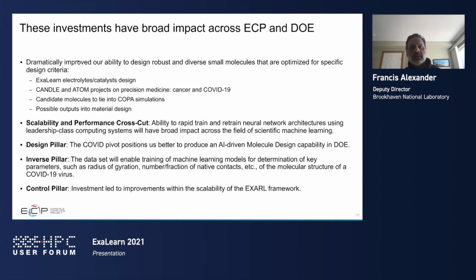It dramatically improved our ability to design robust and diverse small molecules that are optimized for specific criteria. We were able to rapidly train and retrain neural network architectures using leadership class facilities, and this was accelerated by COVID. We expect it to have a broad impact across the field of scientific machine learning.